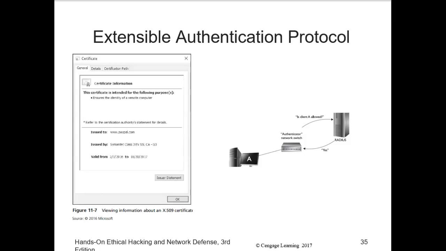So EAP, the Extensible Authentication Protocol, is a general framework for securing authentication traffic. It encapsulates the traffic in that envelope. It doesn't specify whether PKI, the public key infrastructure, is used.